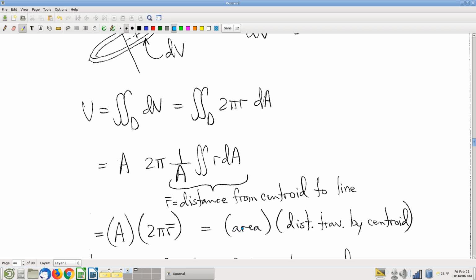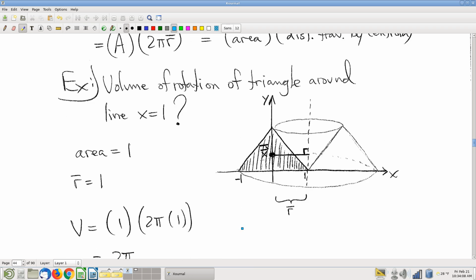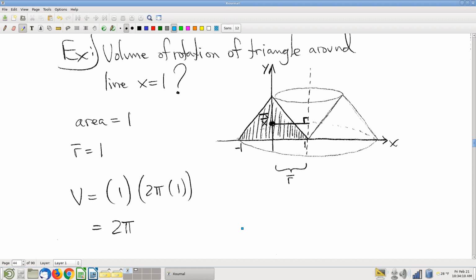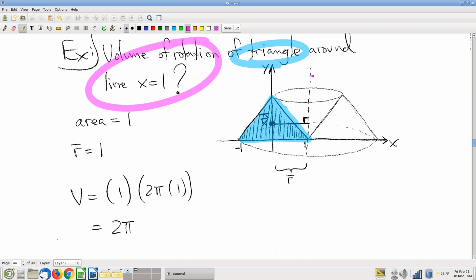So let me show you an example. Let's suppose we want to compute the volume that you get when you take this triangle and rotate it around that line.